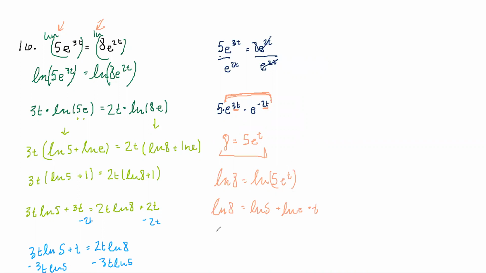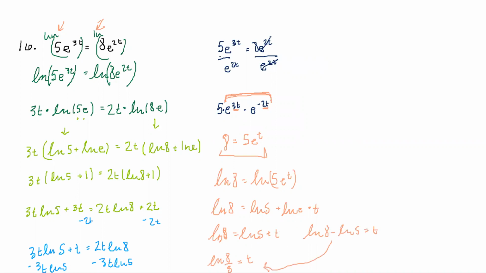So I'm going to end up with the natural log of 8 is equal to the natural log of 5 plus t. So it'll end up being the natural log of 8 over 5 is equal to t, because this will be the natural log of 8 minus the natural log of 5, which I can translate to that.